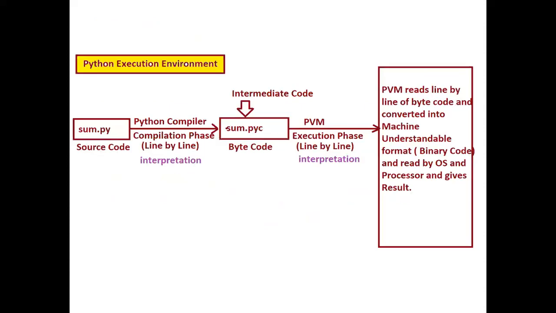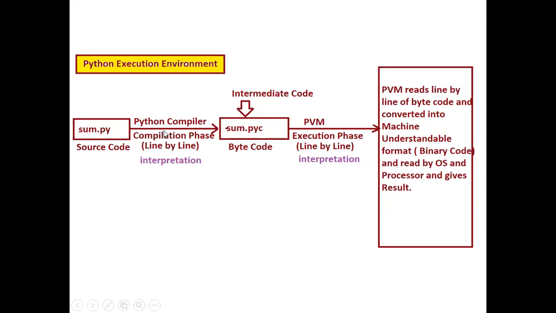Let's go ahead. Now, this is with the help of a diagram. I have tried to make it easier for you. How does the compilation process take place? Students, I have saved a file with the name sum.py. This is the source code.